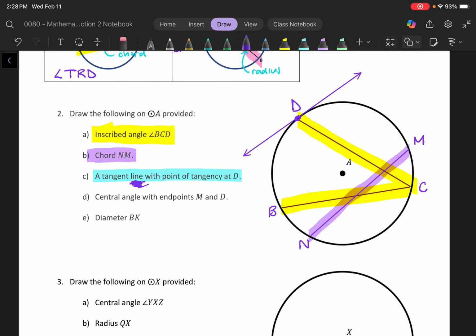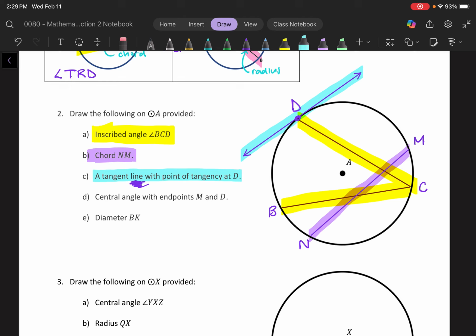I'm not drawing it and saying, it's pretty close. For example, this would not be good because I can see it's connecting at two points. So now it's technically more of a secant. But I'm drawing a tangent line, so arrowheads on either side, and it has the point of tangency D.